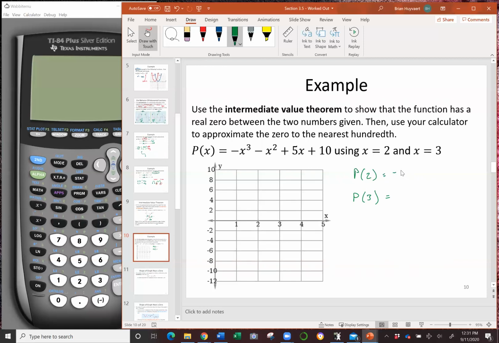We could say this is negative 2 cubed minus 2 squared, plus 5 times 2 plus 10. And we could say this is negative 3 cubed minus 3 squared, plus 5 times 3 plus 10. Remember that when we have a function, f of x or p of x, replace the x every place that it shows up. So in this case, we're putting 2 and 3 in 3 different spots.